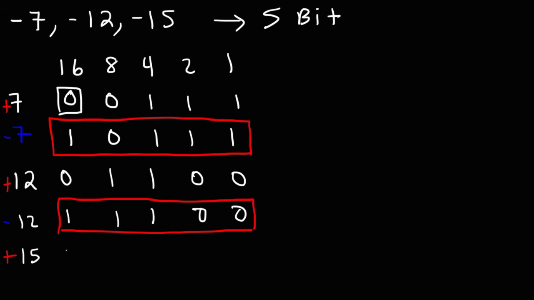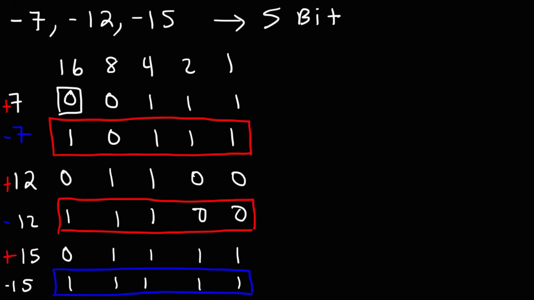The first number is going to be 0. 15 is the sum of all 4 of these numbers. 8 plus 4 plus 2 plus 1 is 15. So we're going to put a 1 for all 4 of them. To express -15, change the sign to negative. So this would be the 5-bit binary number that corresponds to -15.